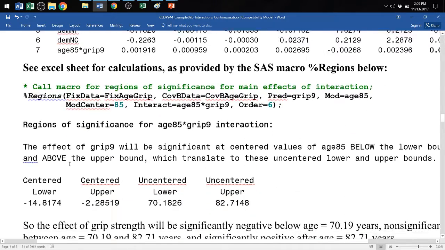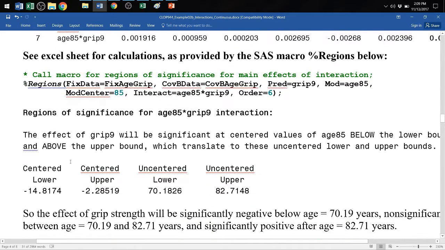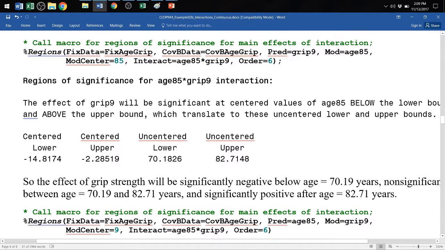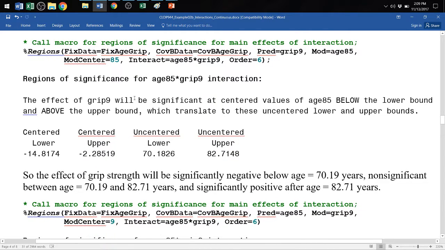So given that COVB table and the main effects that we saw earlier, it computed regions of significance for the effect of grip as a function of age. I'm giving you the centered values and the uncentered values. The uncentered are a little bit easier to translate. So we have a cutoff of 70 and we have a cutoff of 82.